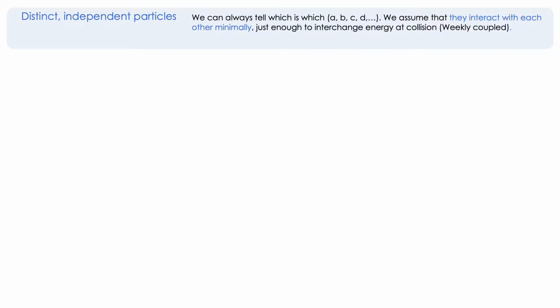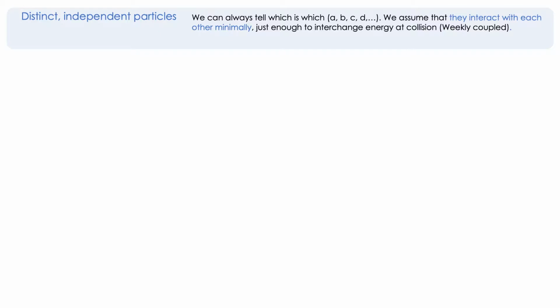So first of all, we are considering that we have distinct and independent particles. What does it mean? It means that we can always tell which is which in our system. So molecule A, B, C, and D. We know where A is, where B is, and how they are moving around.